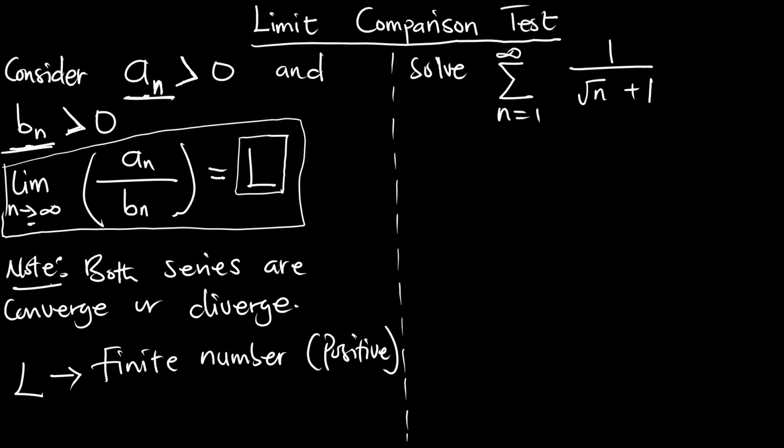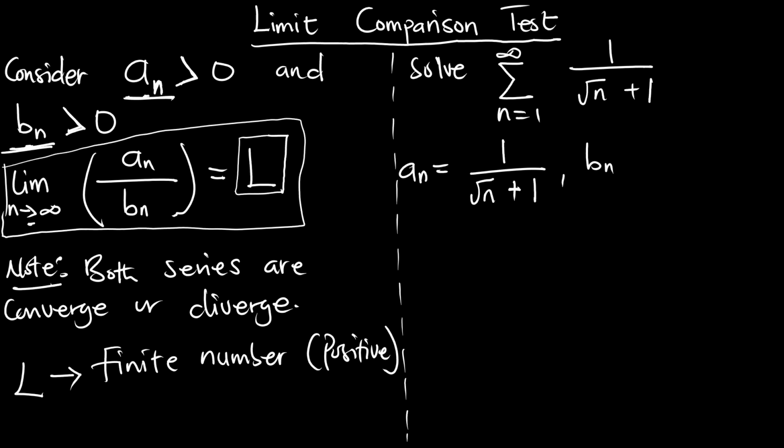Are we okay? So straight away, I will assign my an to this series. You see, I'm not looking for the larger one or the smaller one. I just assign the an to this series, the original one. Then my bn will be what I'm going to derive.